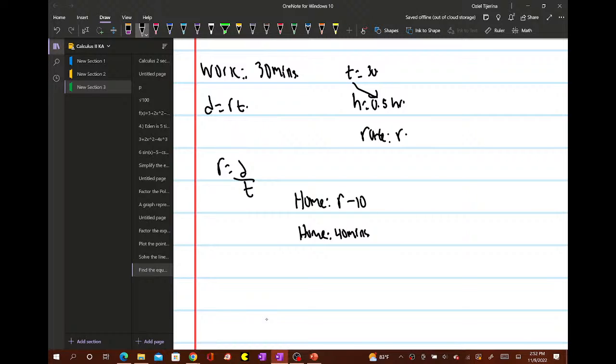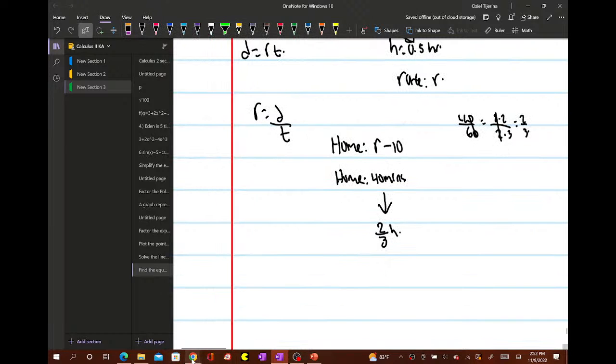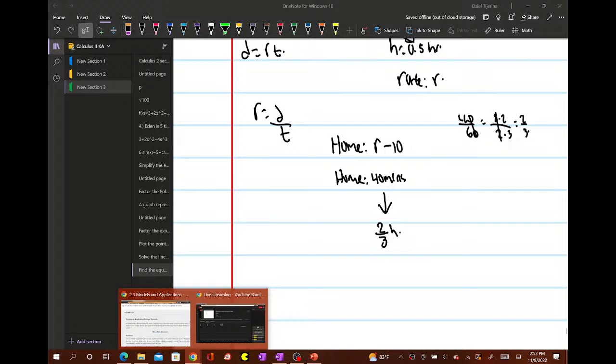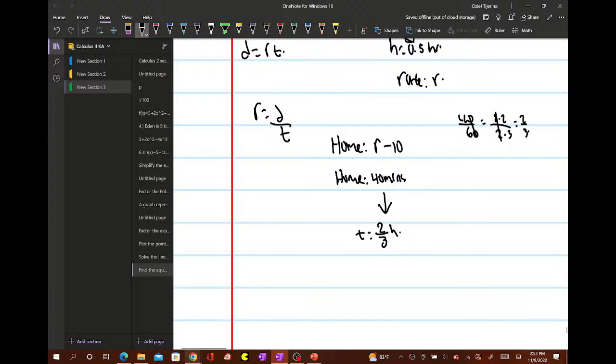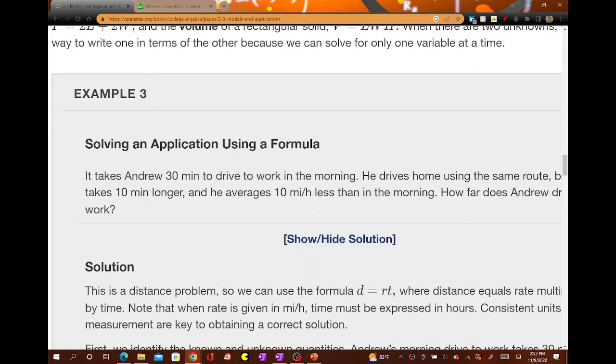If you do 40 out of 60, you would get 2 times 2 over 2 times 3, which is 2/3. So really this is 2/3 hours. So that's what t is. T is 2/3 of an hour.